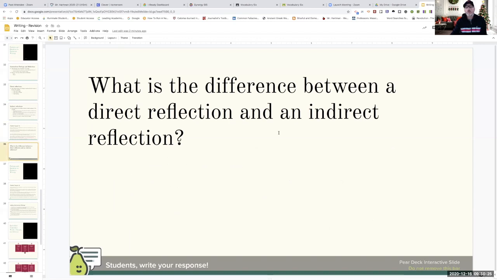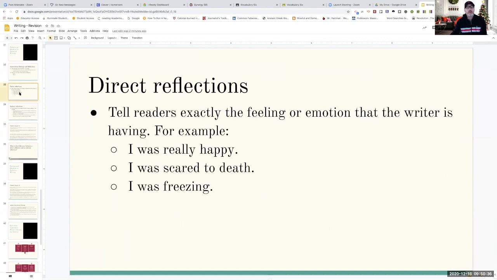So if you are going to err on one side or the other, I would say indirect reflections are the way to go. The direct reflection, that's typically elementary age type writing, when you're in first or second grade and just learning how to put pencil to paper and string thoughts together.